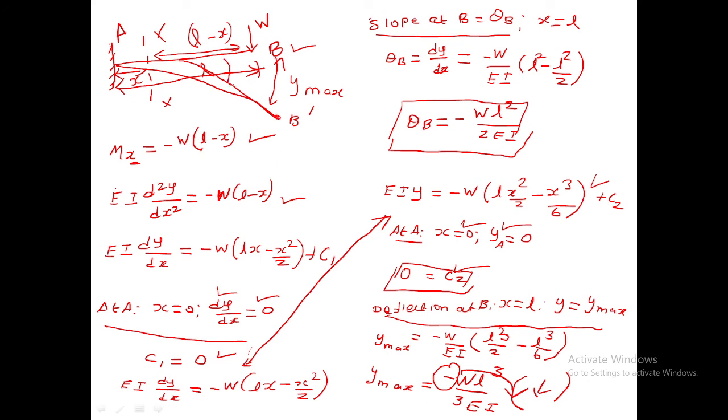This also is theta B, the slope at point B. So this is the slope at point B, and this is the deflection at point B, the maximum deflection. Minus W L cube divided by 3 EI, where the negative sign indicates the downward direction. Thank you.